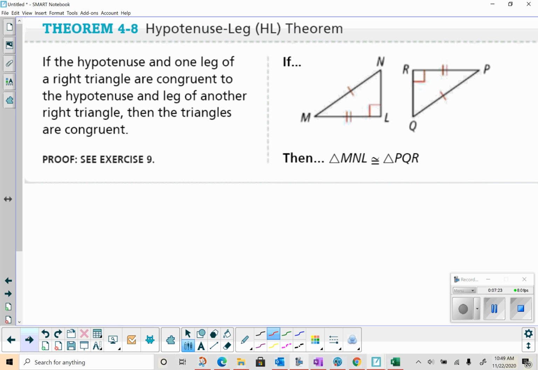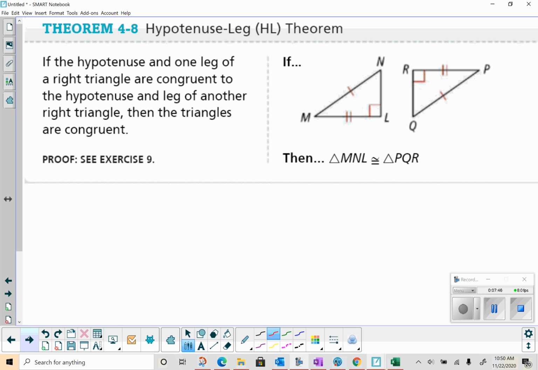Okay, so here's a fifth way of proving that two triangles are congruent, but we've got to be careful. For the previous four, those apply to all kinds of triangles with all kinds of side lengths and angle measures. The hypotenuse leg theorem only applies to right triangles.